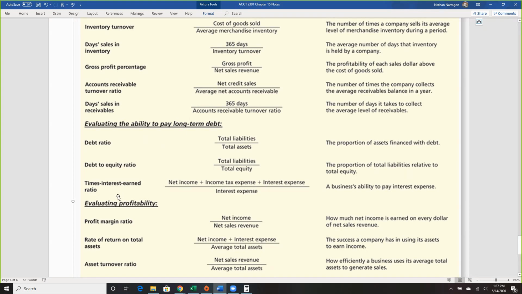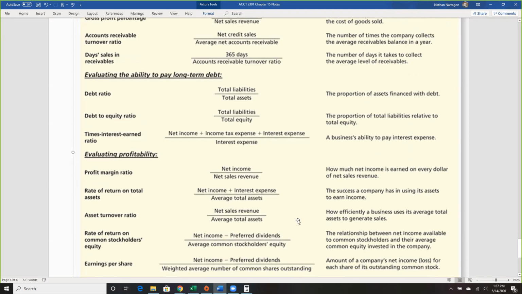But we have the times interest earned ratio, which is, again, the ability to pay interest expense. So we'll have those. That one's a fun one. I think we've had that before.